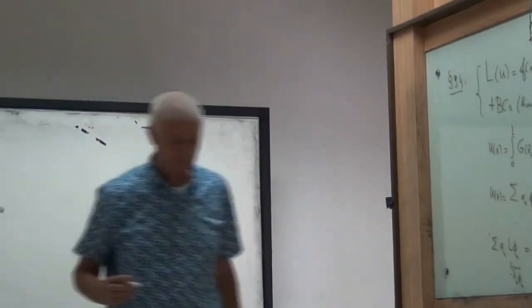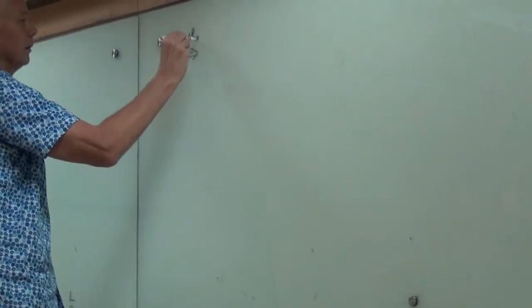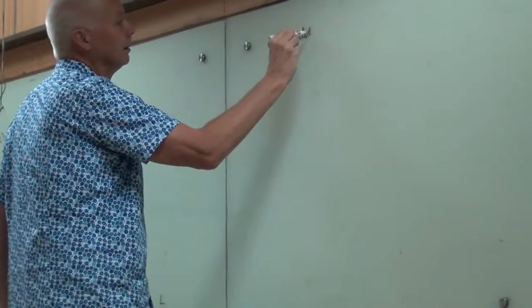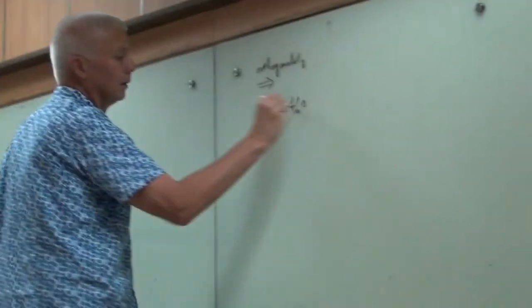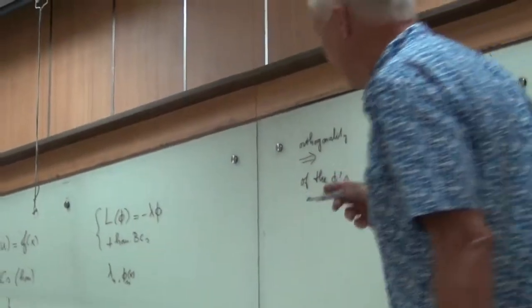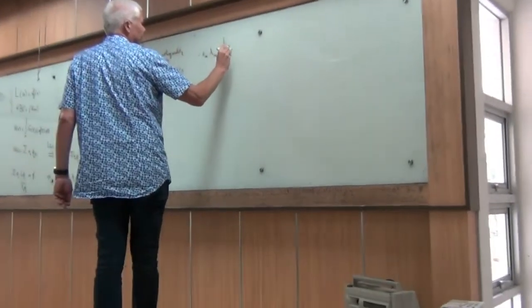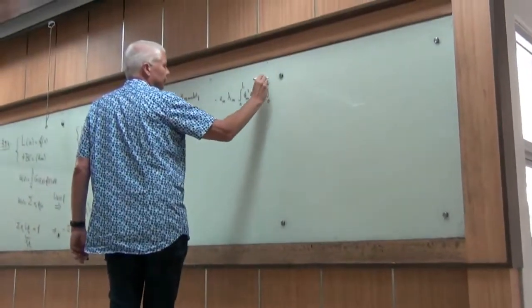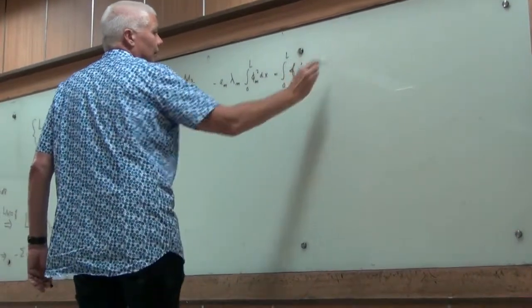Using orthogonality of the phi_n functions, you find simply that minus a_m lambda_m times the integral from 0 to L of phi_n squared dx is equal to the integral from 0 to L of f times phi_n dx.